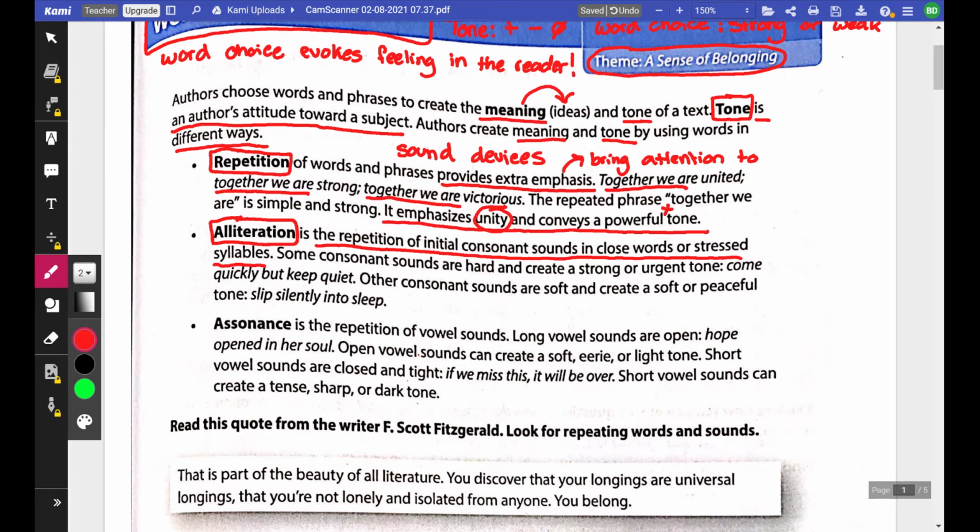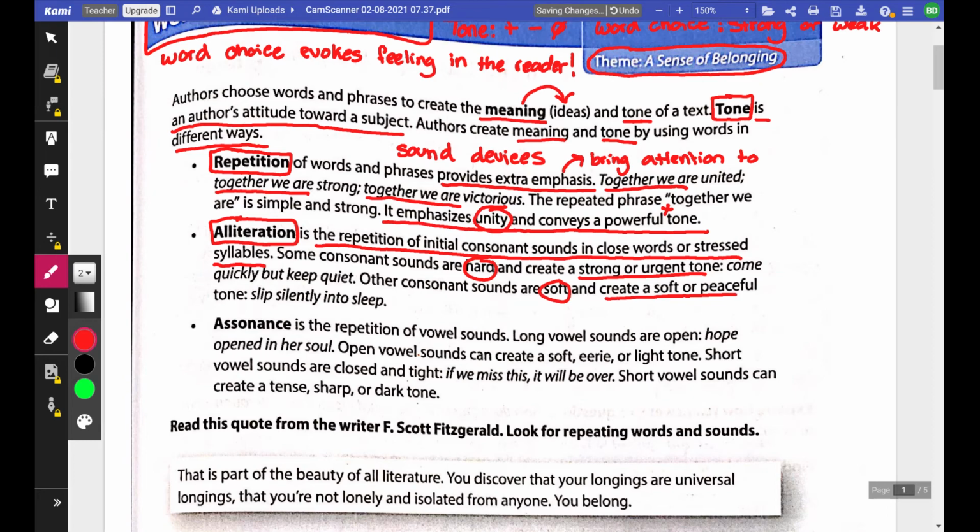So, some consonant sounds are very hard and create a strong or urgent tone. So, whenever you have hard consonant sounds, it means like k, k. That's like a hard consonant sound. On the other hand, you have some that are very soft. We have those soft consonant sounds that create a soft or peaceful tone, and it has a couple of examples for us to look at.